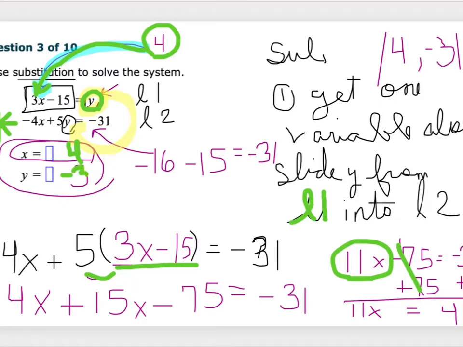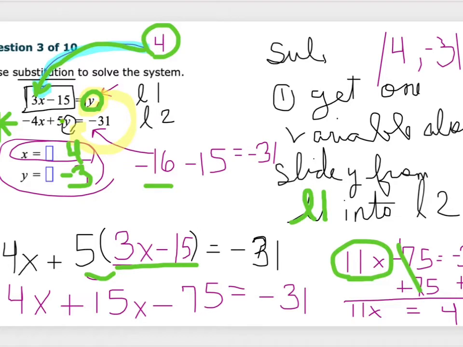Now, I've already got a solution. I checked that solution in the first line already. I'm not going to do anything with it again, but I have to check that solution back into the second line. So let's check. Negative 4x is negative 4 times 4, which is negative 16.